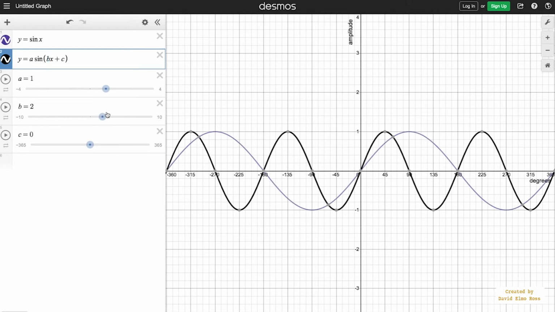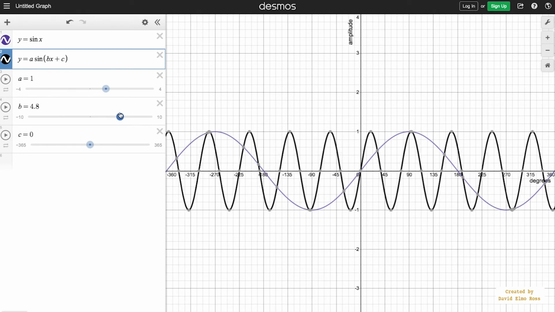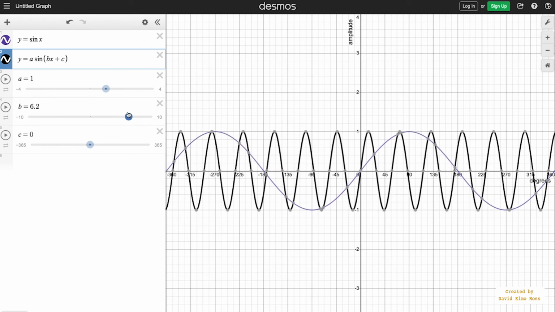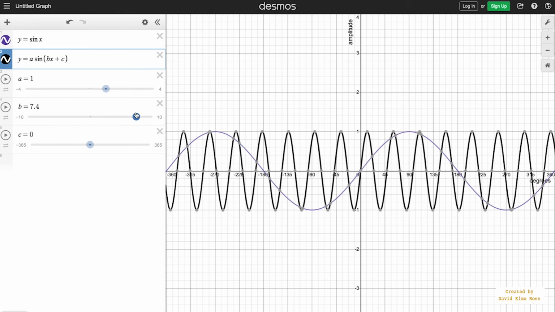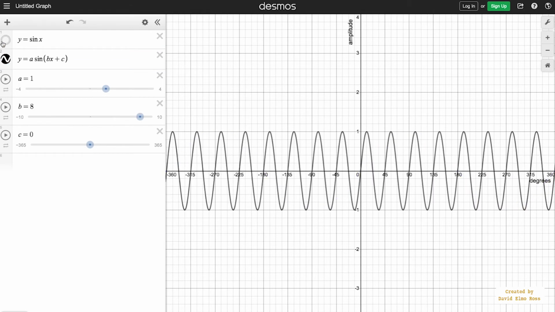Let's see what that means. As the B value increases, the frequency increases because the period of the wave shortens. Let's get up to 8 here. We can see that our period is now 45 instead of 360. So our period is a lot shorter, but our frequency is 8 times higher. So this changes the frequency of our wave.